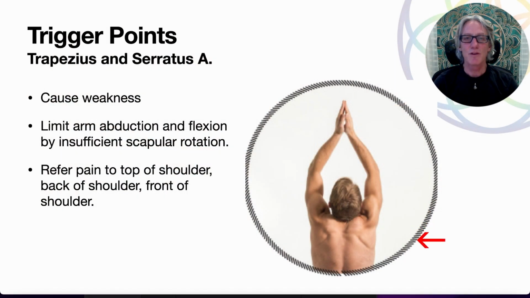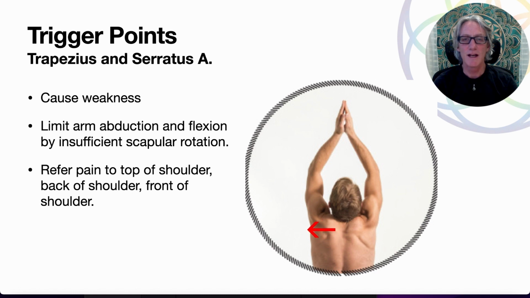Here's an example of someone just raising their arms up overhead, a very common move in yoga. You'll see this on a lot of people, where they can't keep their arms straight and touch their hands together. So this guy doesn't have full abduction capability of his arm. That's usually because the scapula are not rotating enough.